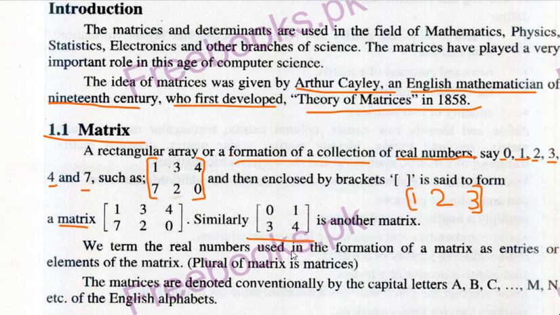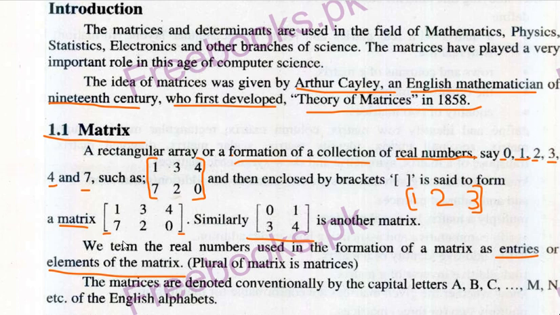We term the real numbers used in the formation of a matrix as entries or elements of the matrix. The real numbers which are enclosed by brackets are the elements or entries of a matrix.